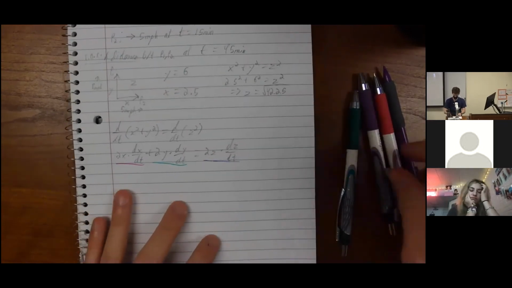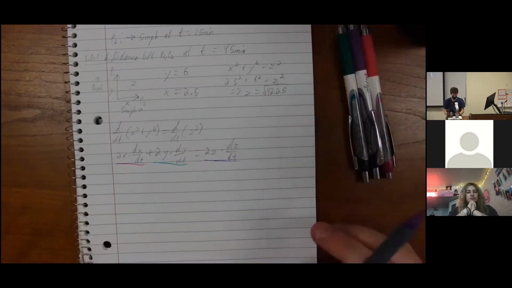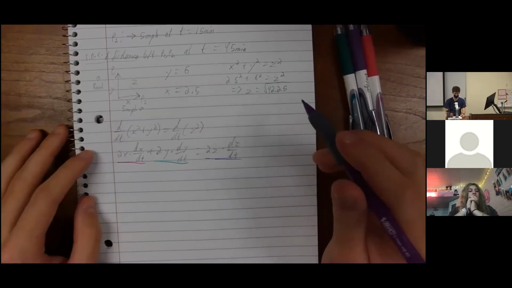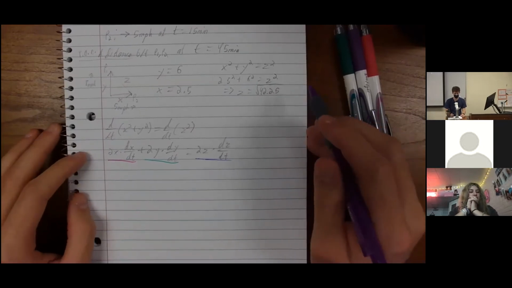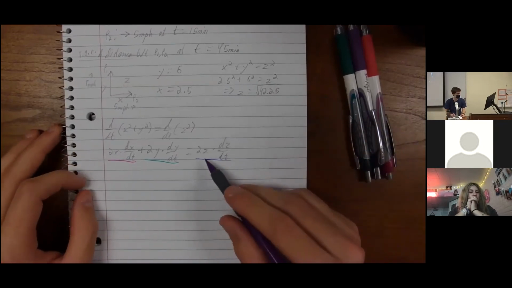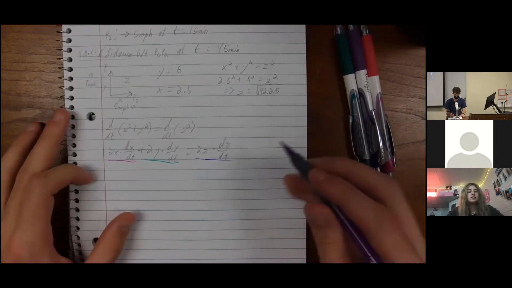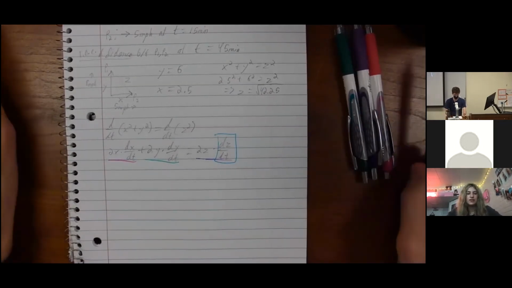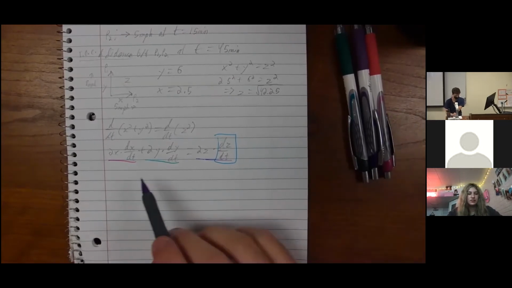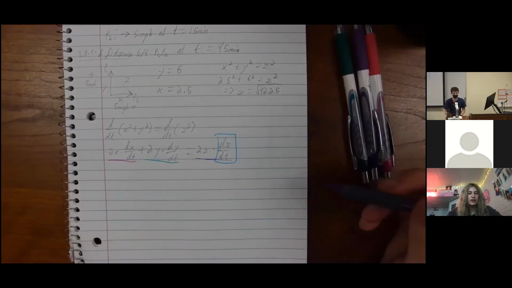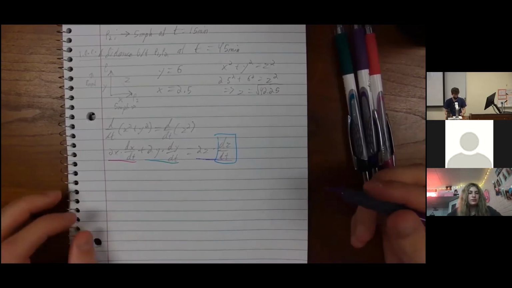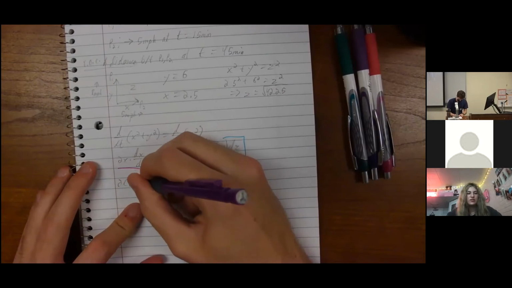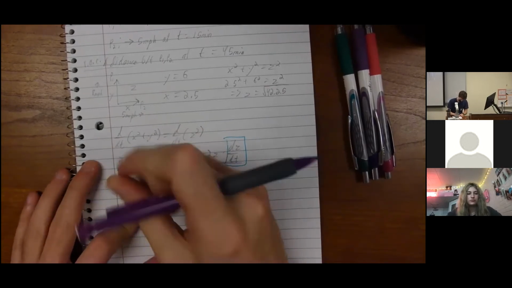Okay, so what are we trying to solve for in this equation? The rate of change of z, the derivative of z. Yeah, so we're trying to solve for this, right? Okay, so what can we plug in? You would have 2 times 2.5 times what?